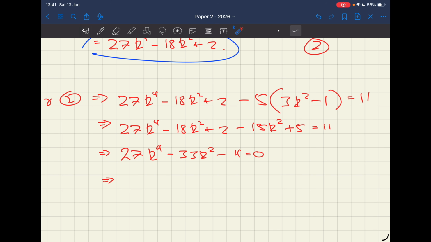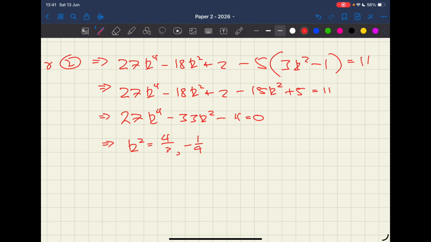So we can factorize that then. How you want to factorize it is up to you, whichever way you want to do it. But we end up in this situation where k squared is going to be 4/3, or it's going to be minus, is that a ninth? Yeah, minus 1/9. From here then, we can square root both sides, but thinking about the fact that we have k squared, this needs to be positive.